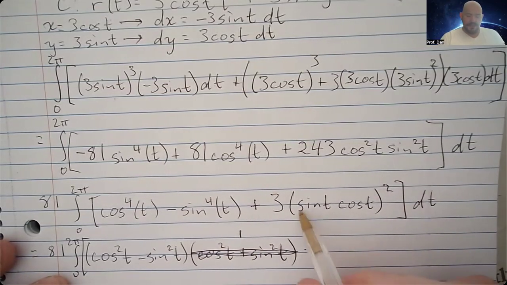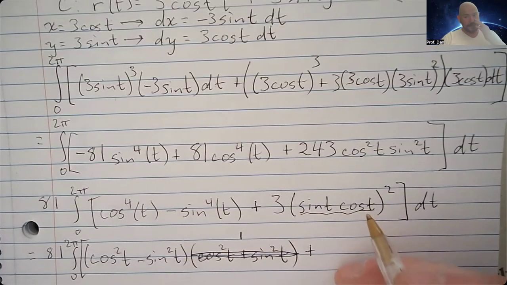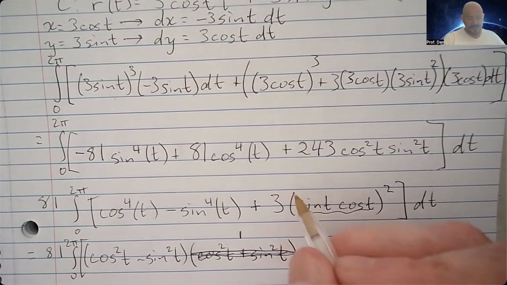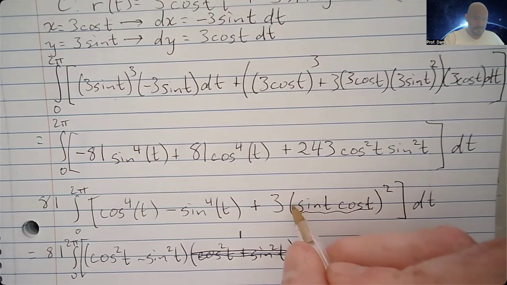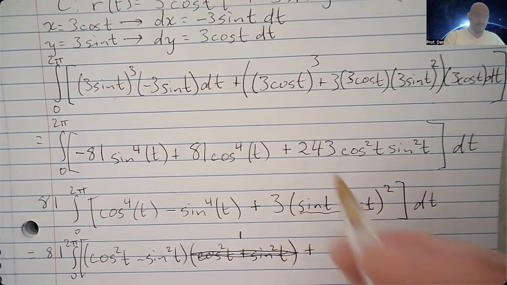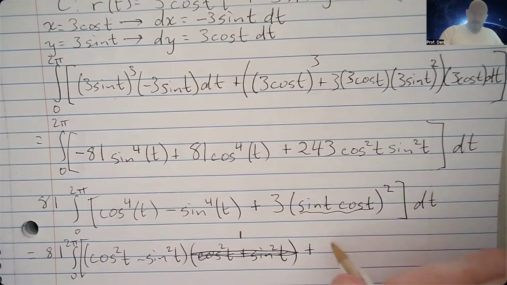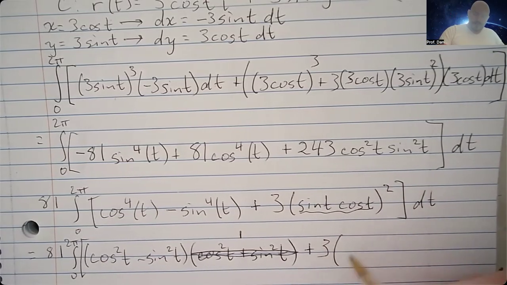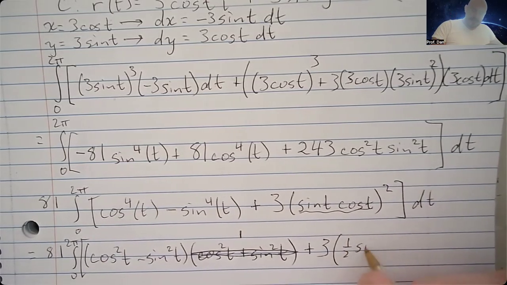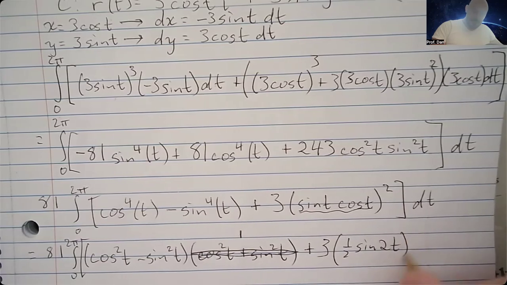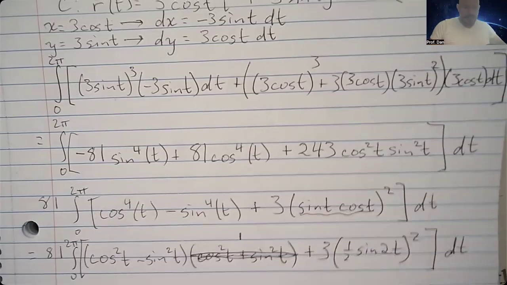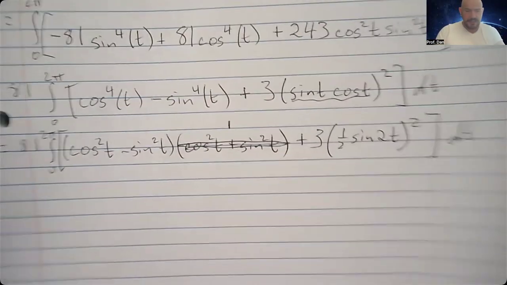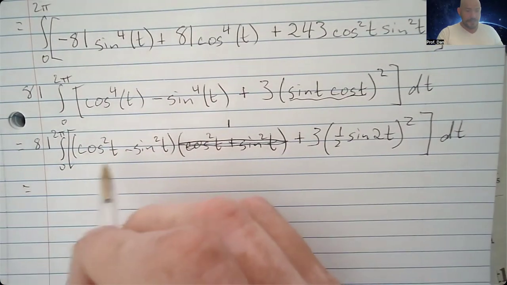In a similar way, we know that this is very close to our sine double angle identity. The only thing that's missing is a 2 in front, which I can happily put there as long as I multiply it by 1/2 so that I'm not technically multiplying by anything other than 1. So we end up with 3 times 1/2 of sine 2t squared. Okay, now there's another trig identity that can simplify this even more.